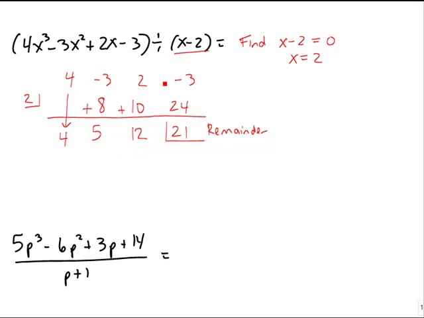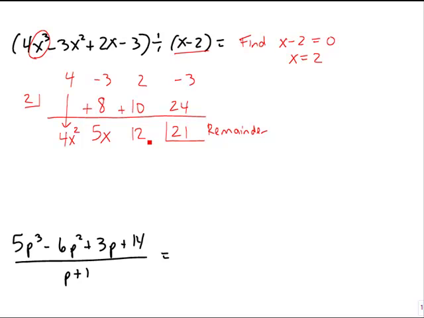So in other words, if this was a cubic to begin with, our quotient is going to be down to an x squared. So the coefficients that you see down below this line should always be 1 degree less than the degree you started with. So if we start with degree 3, then this first coefficient is going to be of a degree 2 term. And then the 5 here is going to be 1 degree less than that, which is 5x, and the 12 will be our constant.